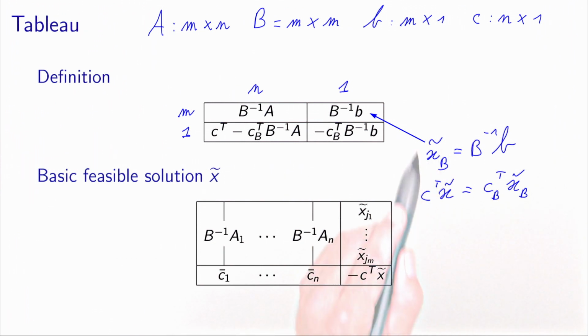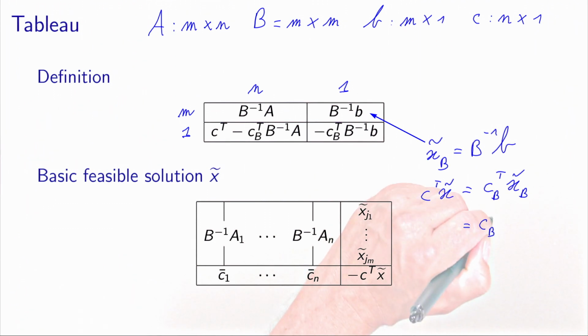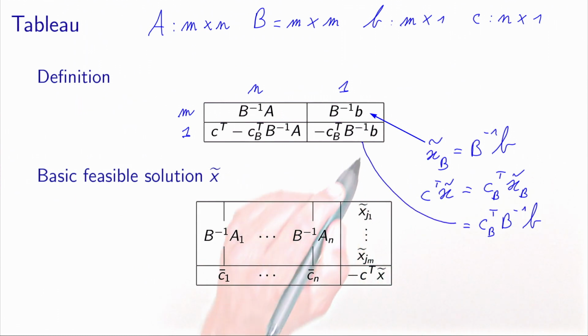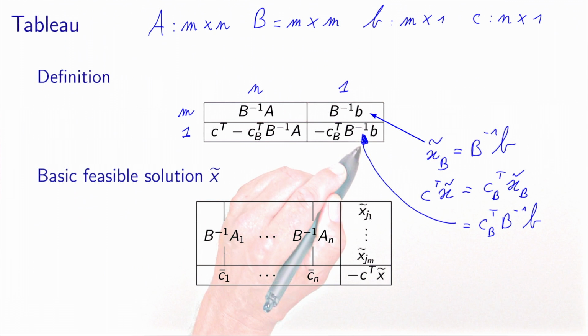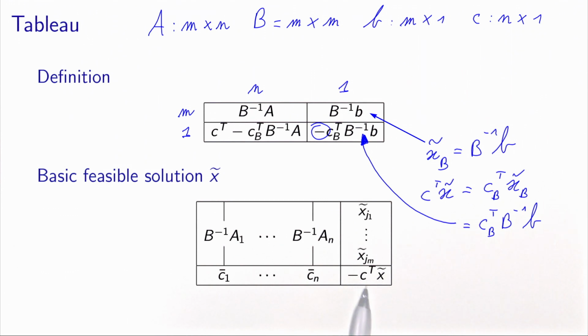And now I know the value of x tilde B. So this is equal to c_B transpose B^-1 b. And actually, this is this quantity here, except for the sign. Therefore, this cell here, in the additional column and the additional row, contains the value of the objective function at x tilde, but we have to change the sign.